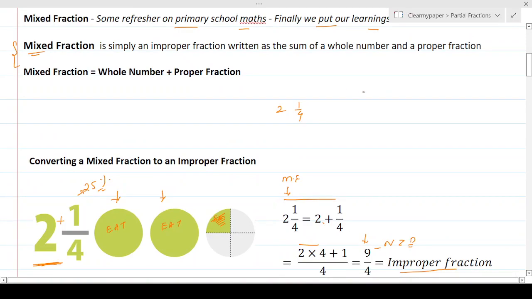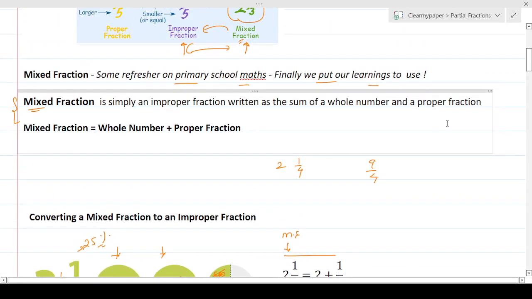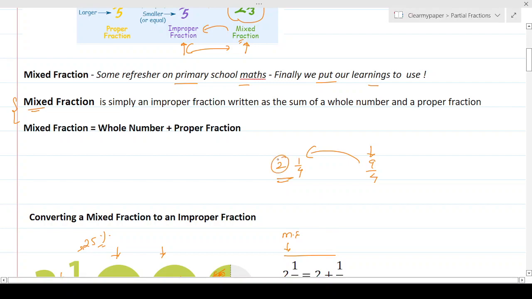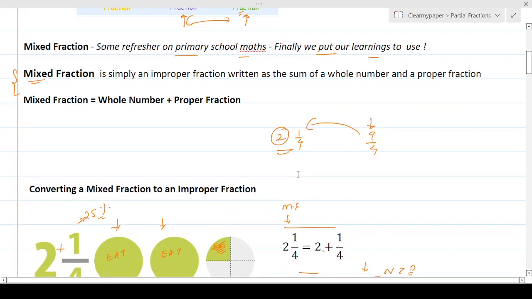What we notice is that whenever we have an improper fraction like 9 by 4 and we try to express it like this, a mixed fraction is nothing but an improper fraction put in a format where you have a whole number and a fraction, which is a proper fraction.